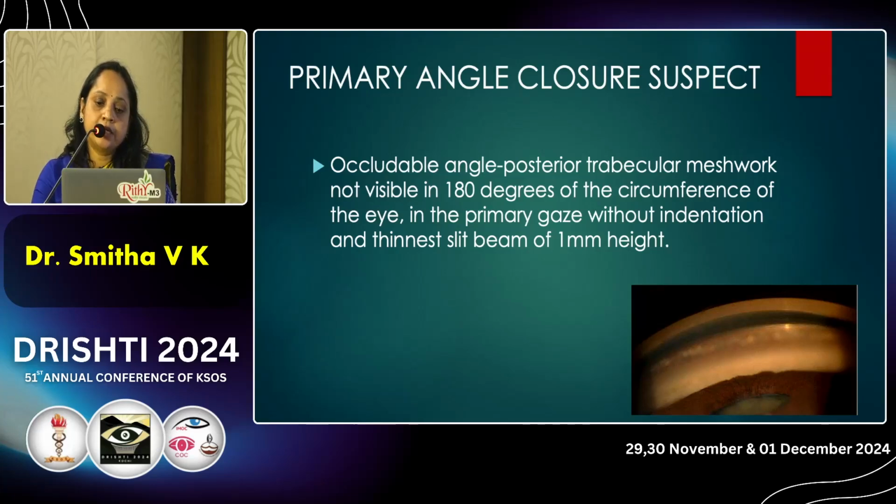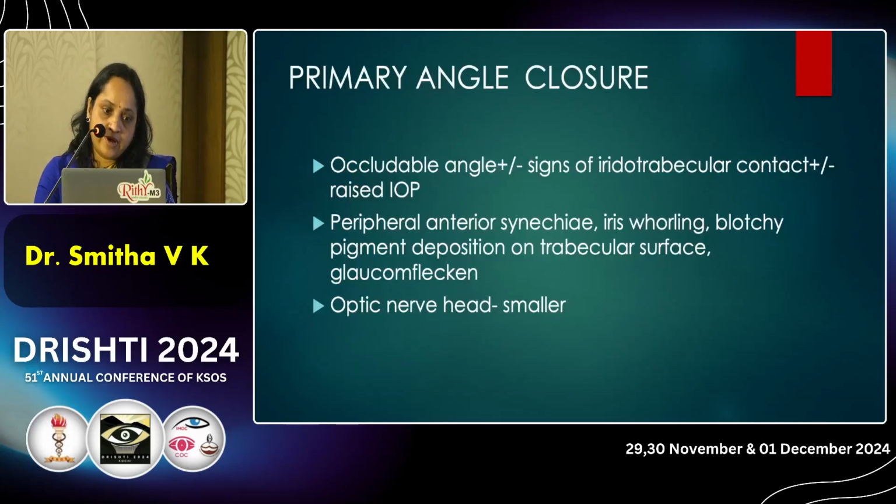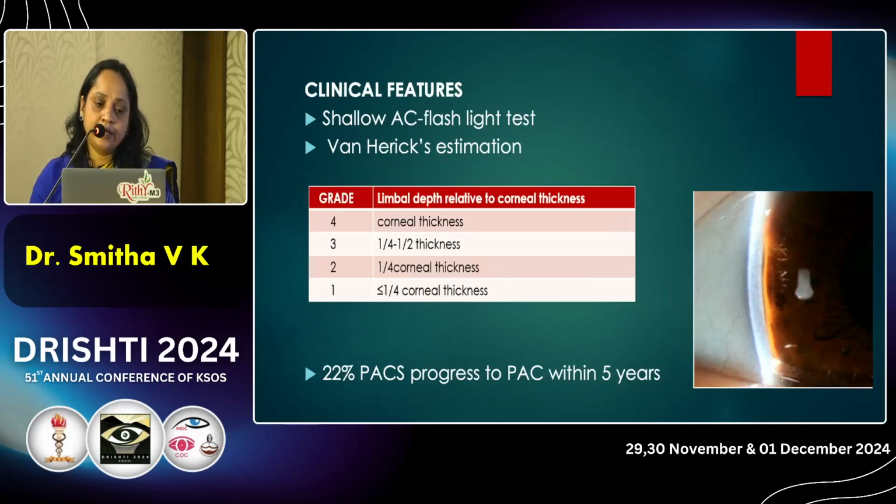Here, the posterior trabecular meshwork is not visible in 180 degrees of the circumference of the eye in primary gaze without indentation, and you have to use a slit beam of 1 millimeter height. A shallow anterior chamber is seen, and in Van Herrick's estimation, we compare the peripheral anterior chamber depth with the peripheral corneal thickness, and if it is less than 1/4, they are more prone to angle closure.